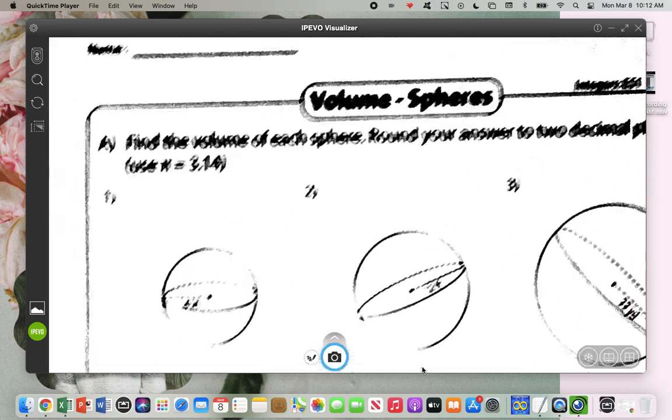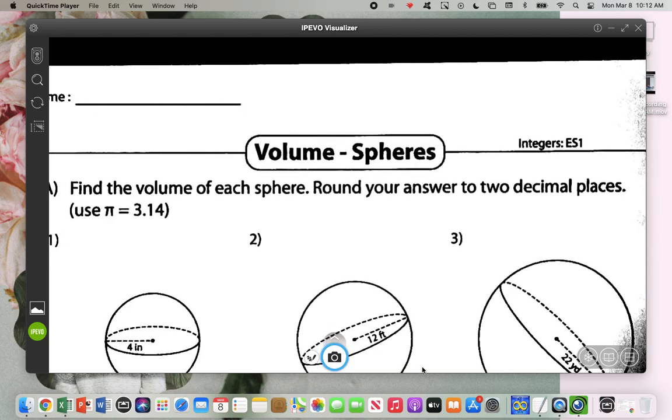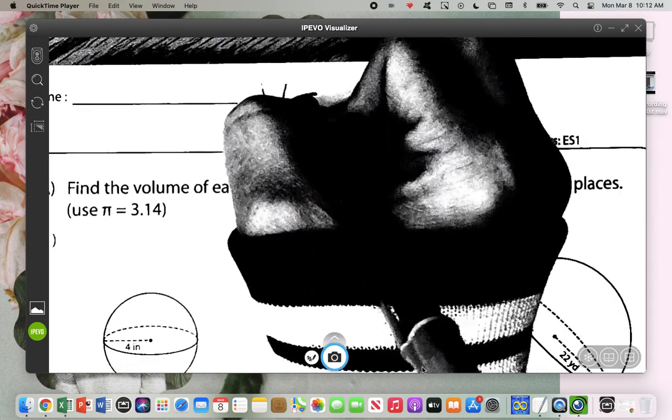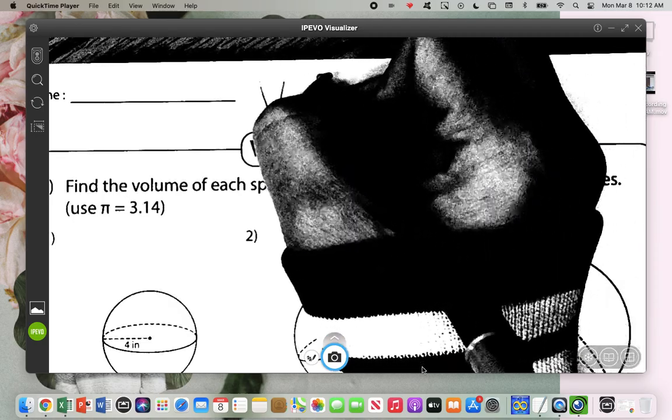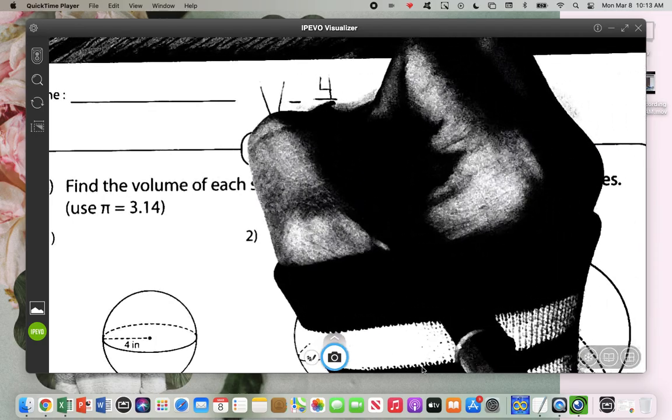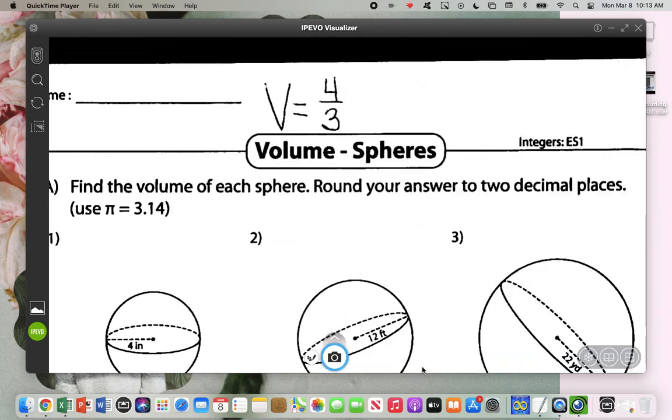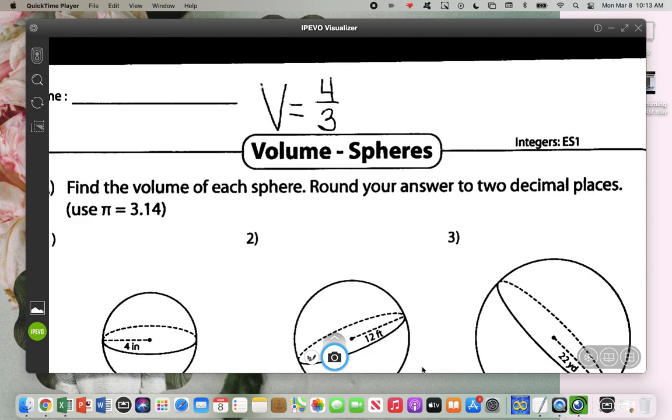So the volume of a sphere, and we're going to write this up at the top. Your volume is equal to, the first part is a fraction. The fraction is 4 over 3, so we will be typing 4 divided by 3 in our calculators. We will be working with decimals a lot today.